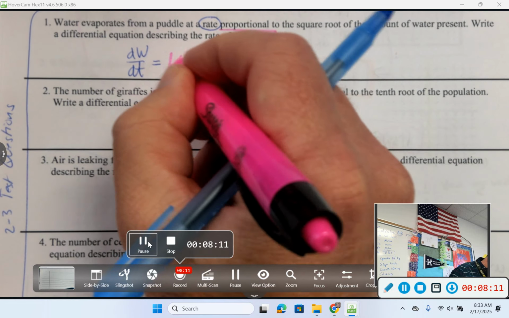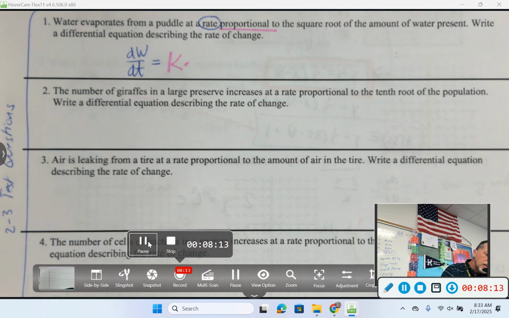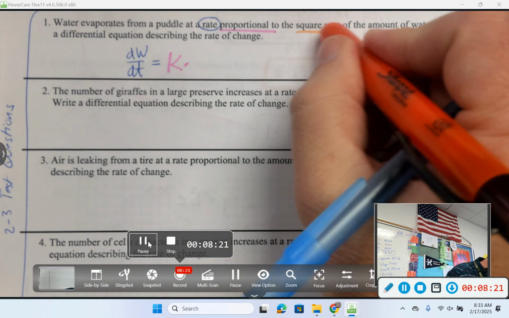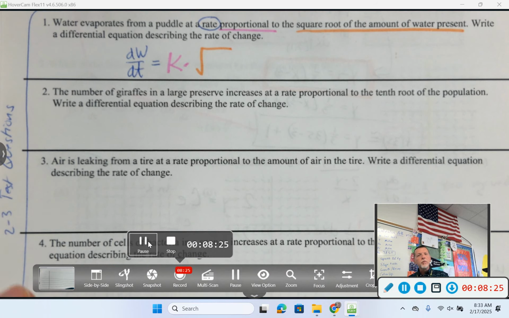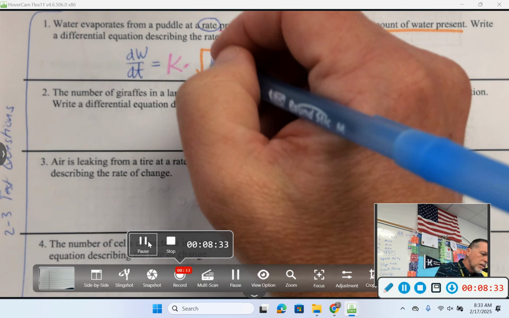Proportional to, so k times the square root of the amount of water present. So the square root of what then? Well, we got 2 options here. W, because W is how much water there is.